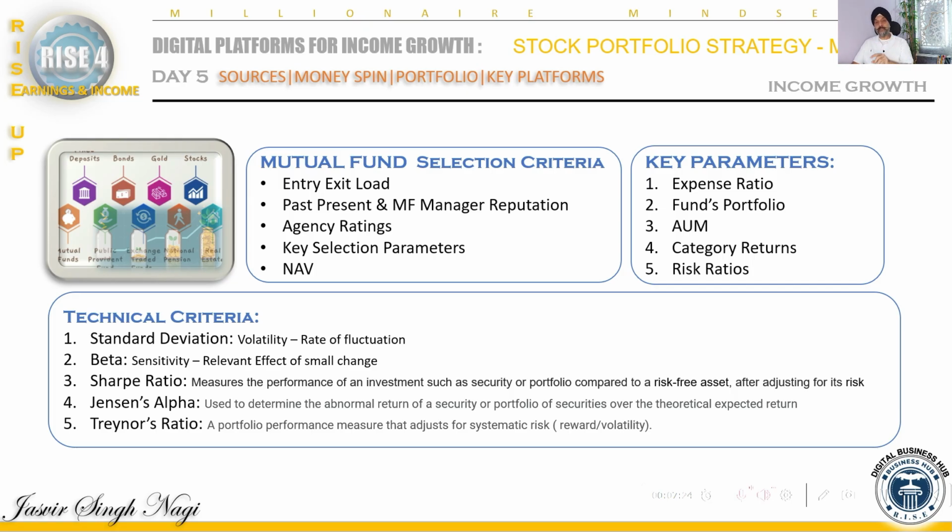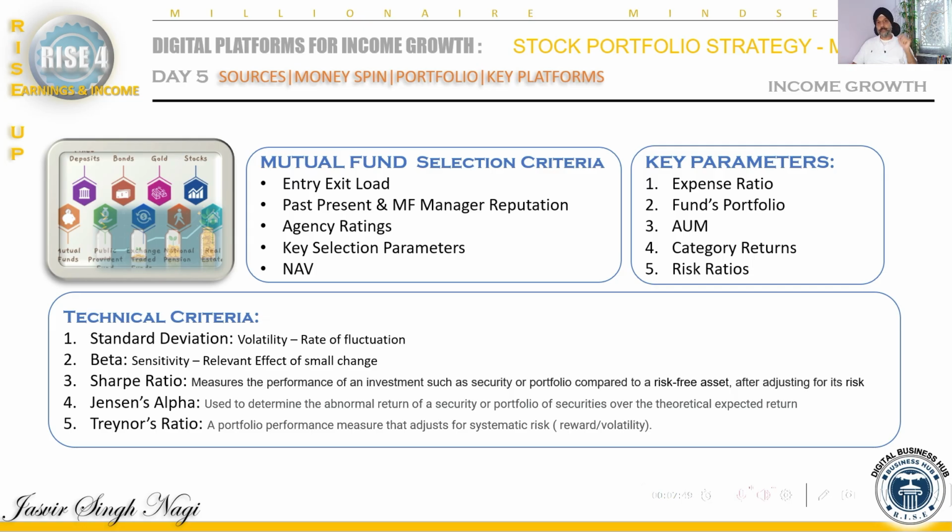If a small change somewhere creates havoc of change there, either way, up or down, then it's a risky proposition. Whether you want to take that much risk is your call. But if you see alpha-related companies where a small change makes a big change, big growth, that's the risk you should be taking and running with, right? So standard deviation is all about volatility. That is the fluctuation.